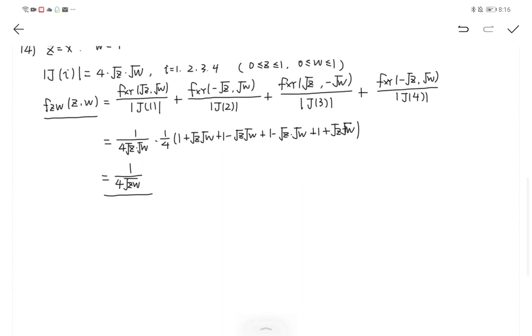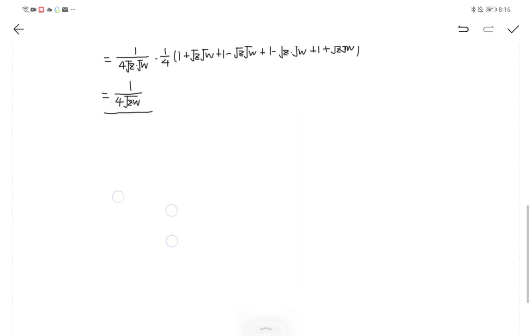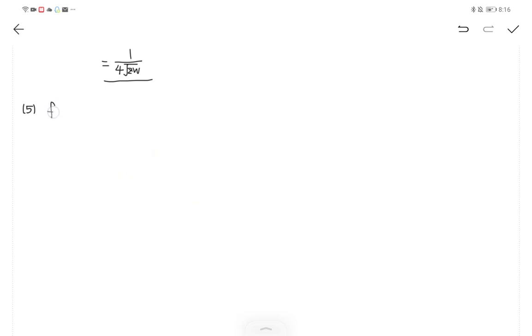Now for question 5, if we want to prove or disprove that X to the power 2 and Y to the power 2 are independent, we should find the density function f_Z, the density function of X to the power 2, and it equals the integral from negative infinity to positive infinity of the joint density dw.